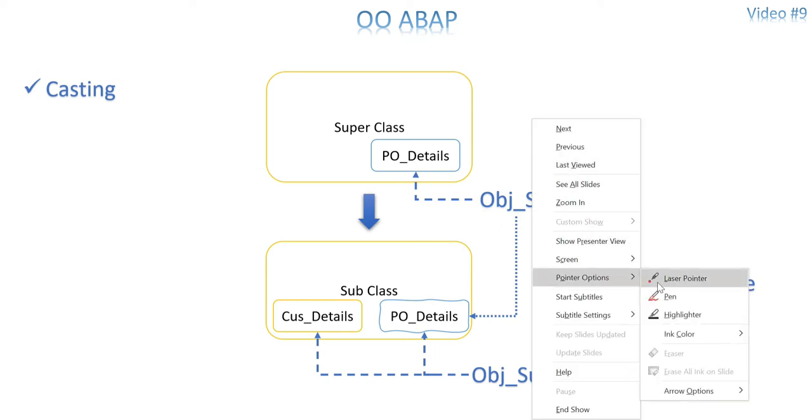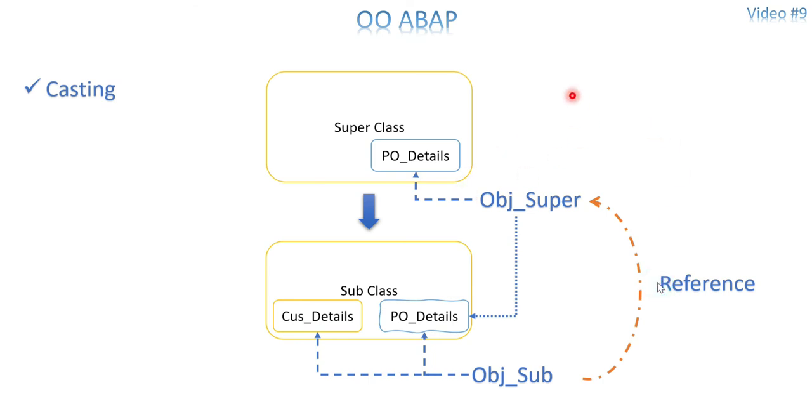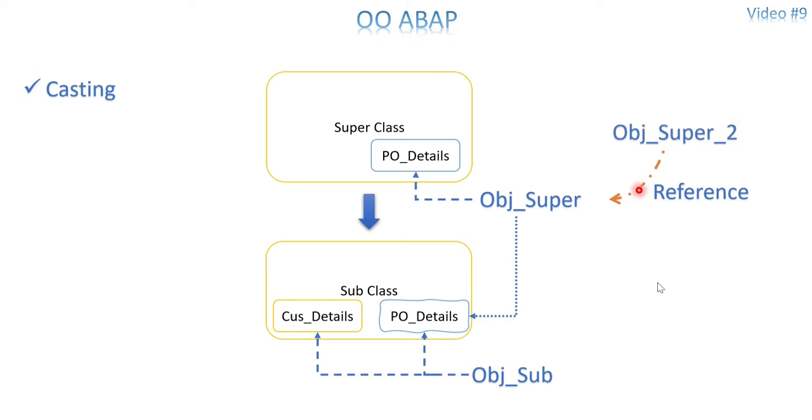One way is to create an additional object for my superclass. In this scenario, I need one more object for the superclass. So I'm going to create maybe object super2 and transfer the reference from object super2 to my object super. What happened? It will override the reference of the subclass with the new superclass object.